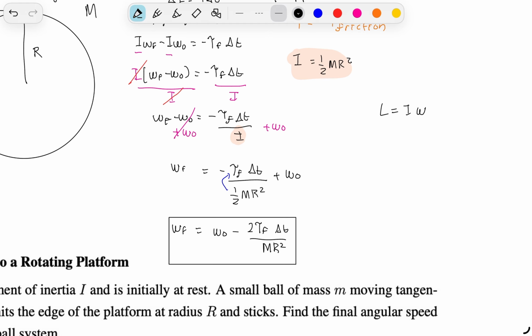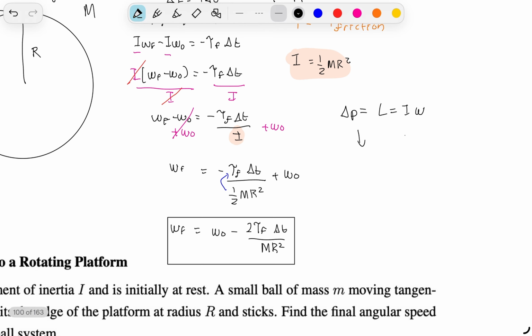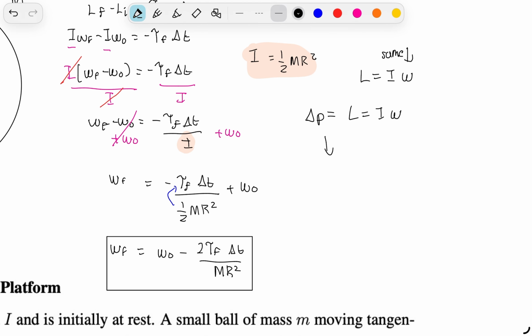If your angular speed decreases, the I has to stay the same. So that's why omega has to decrease, because this has to be maintained as something that is constant.